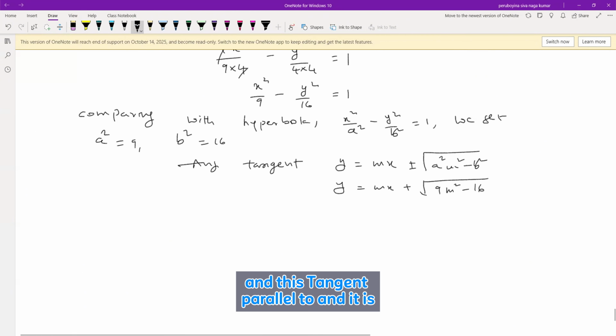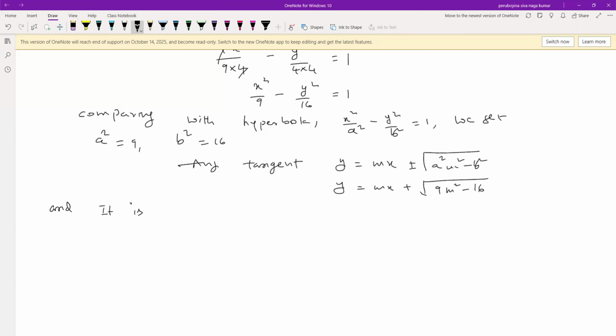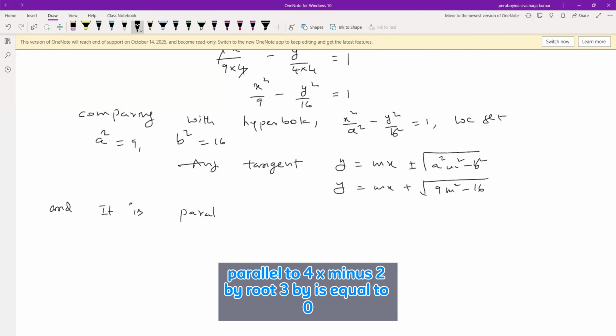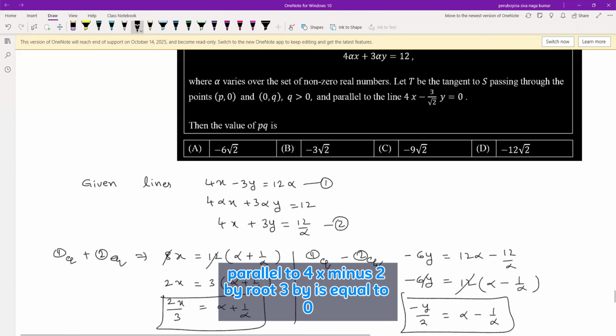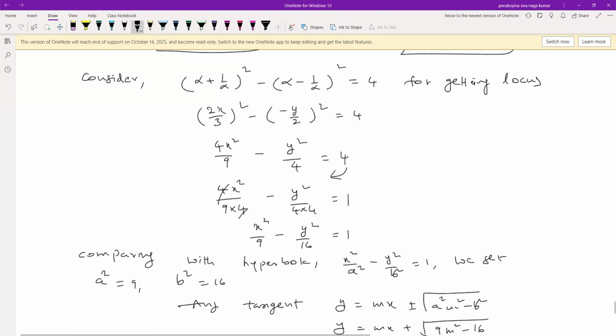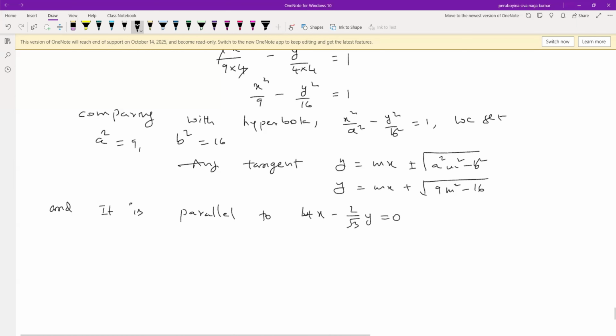And this tangent is parallel to 4x minus 3 by root 2 y equals 0.